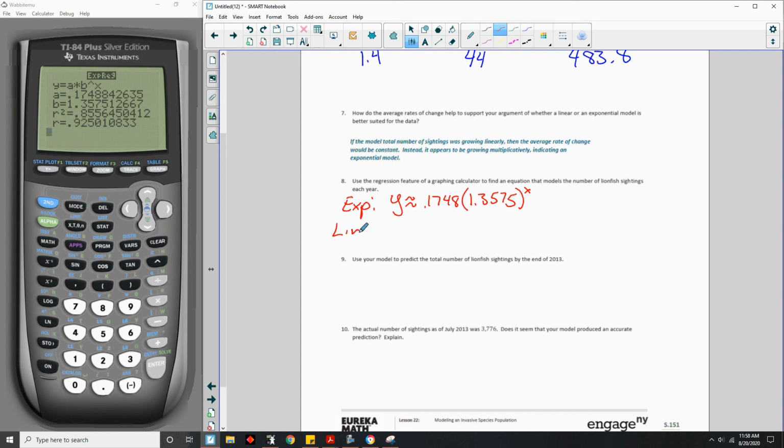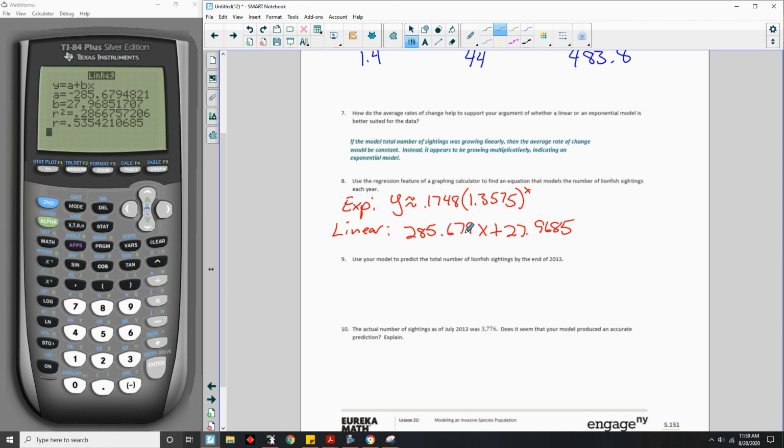If it were linear, then we just go back and we press stat, calculate 8 for linear, press enter, enter, enter, enter, enter, and we get y equals negative 285.679x plus 27.9685.